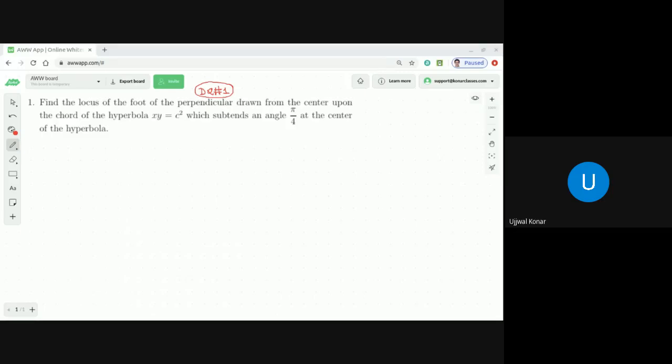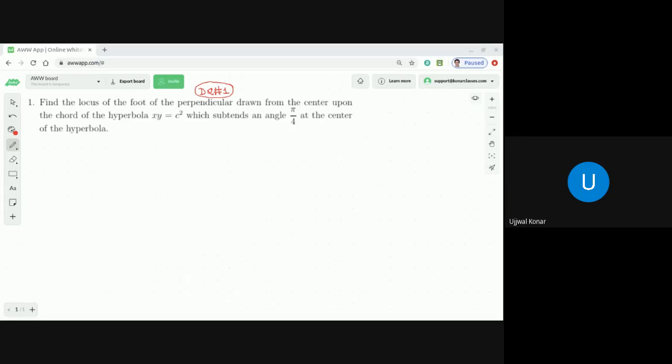Now, according to the question, the chord subtends an angle pi by 4 at the center of the hyperbola, then we find that mod of m1 minus m2 by 1 plus m1 m2 is equal to tan pi by 4.